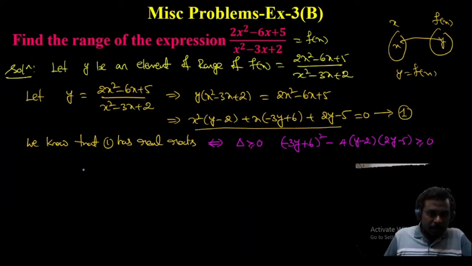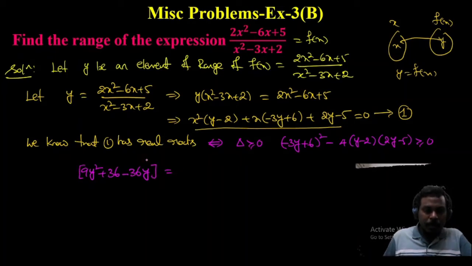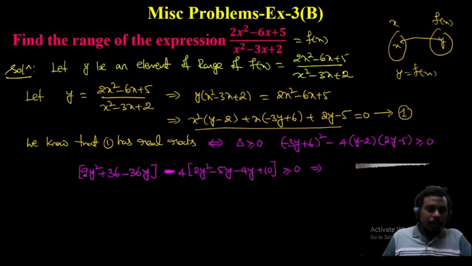Okay, let us simplify this. This is 9y square plus 36, minus 2 into 3 into 6, which is 36y, minus 4 into y into 2y, that is 2y square minus 5y minus 4y plus 10, must be greater than or equal to 0. 9y square minus 8y square is y square.